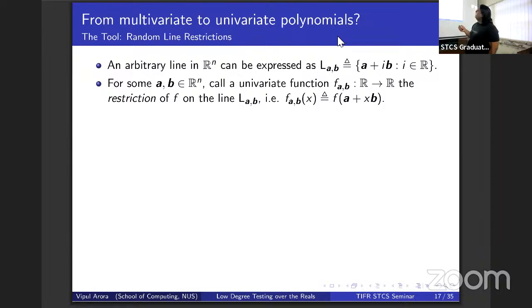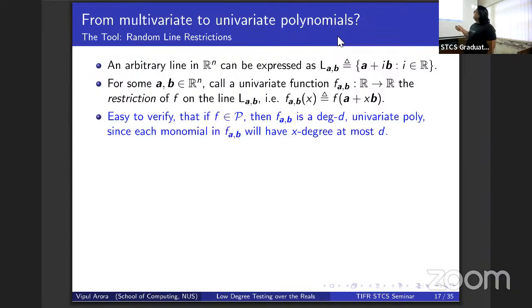For any vectors a and b, you call the univariate function f_ab the restriction of f on the line L_ab, if f_ab(x) is equal to f(a plus xb), where x is a formal variable. It's easy to verify that if f is a degree D polynomial in n variables, then f_ab is a degree D univariate polynomial for all points a, b, because in every monomial in f_ab, the x degree will be at most D.